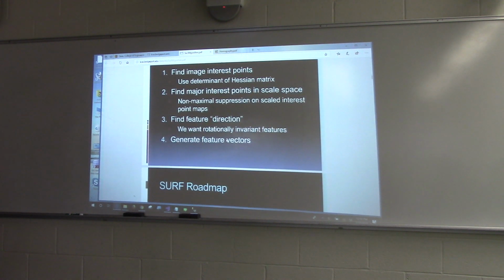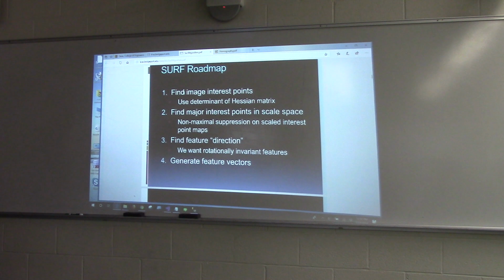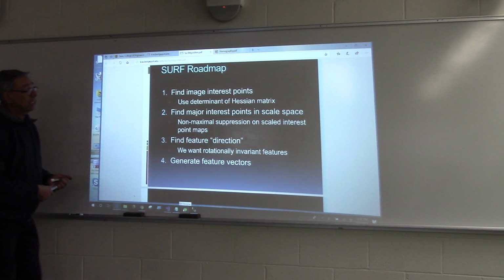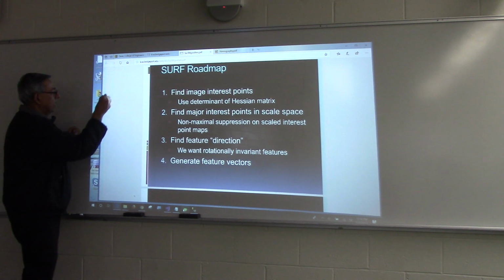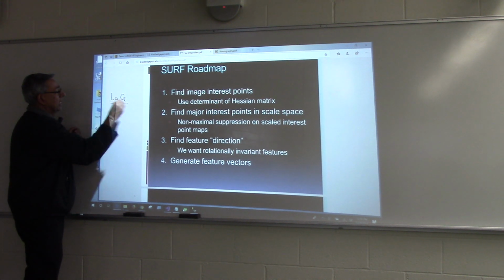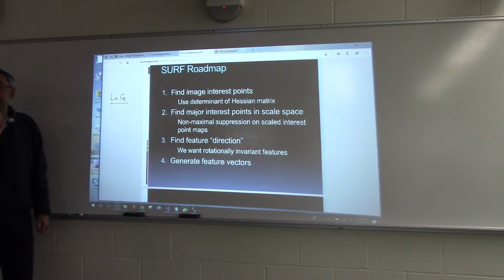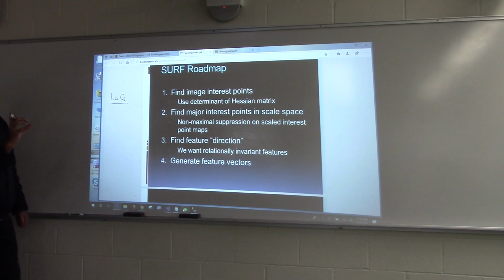And the same thing we discussed, find interest points. Now if you recall, when we are using the Laplacian filter, we did agree that Laplacian of Gaussian is a really good approach for finding those points which are important on an image, right?